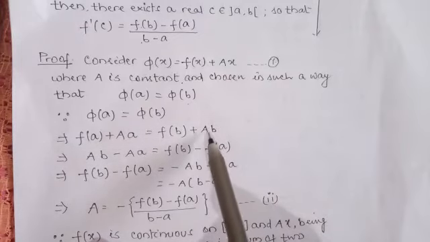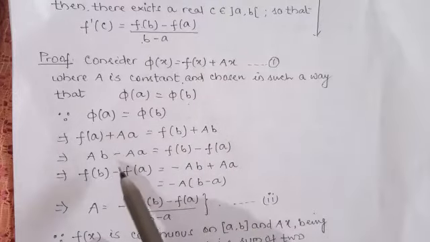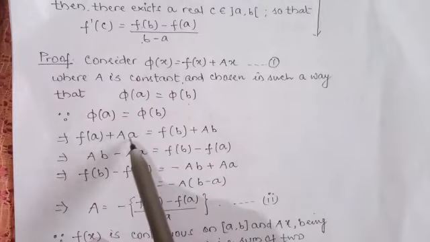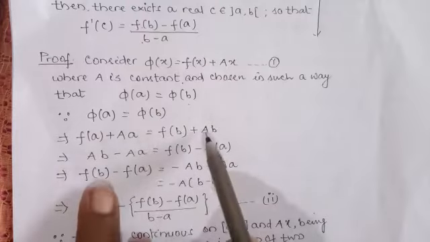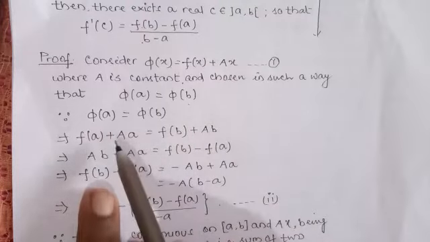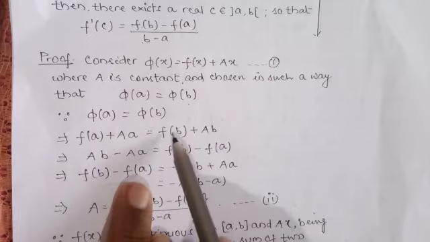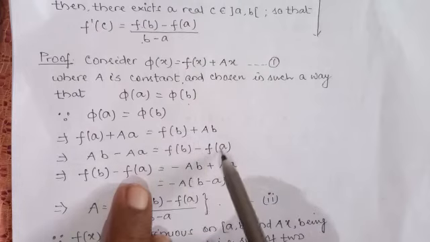So for this, A into b comes to the left side, and A into a comes to the right side. So in the right side we have A into b minus A into a, and f(b) minus f(a).